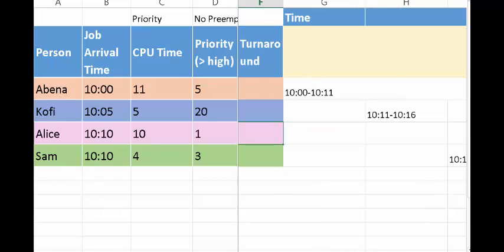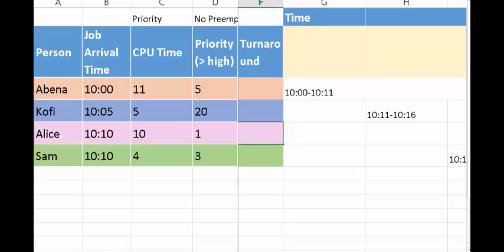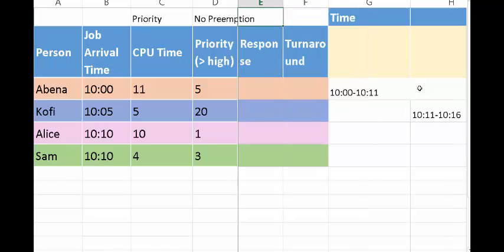If we were to do priority with preemption, that would be slightly different. I'm just going to make a copy of this. Okay, so if we were to do priority with preemption, right, that means that people can be paused or stopped when people arrive.